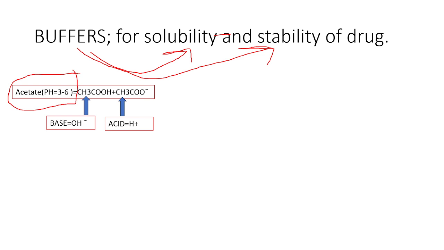If you want to maintain pH 3 to 6, we need to use the acetate buffer. See, acetate buffer contains acetic acid and sodium acetate. If we add a base, that base reacts with the acid, then neutralization of that base will occur. If we add an acid, it will react with the salt, then the acid can be neutralized here.